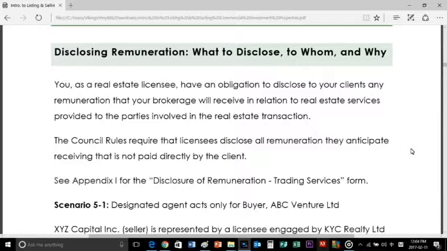The council rules require that licensees disclose all remuneration they anticipate receiving that is not paid directly by the client. See Appendix 1 for the disclosure of remuneration trading services form.